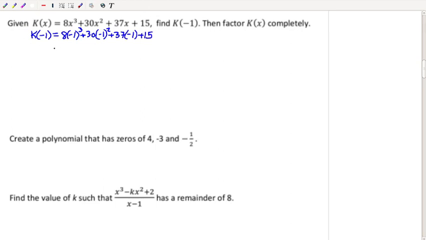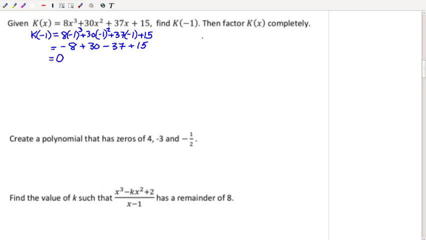We want to evaluate that. So 8 times -1 cubed is -8, plus 30 times -1 squared is still plus 30, plus 37 times -1 is minus 37, plus 15. And when I put those all together, this is actually equal to 0.